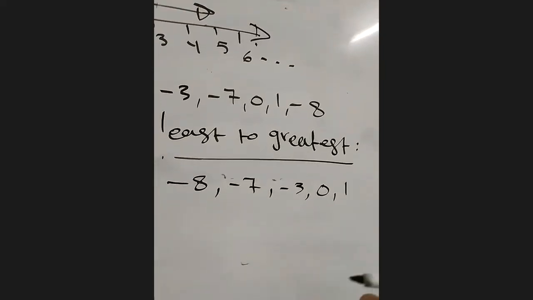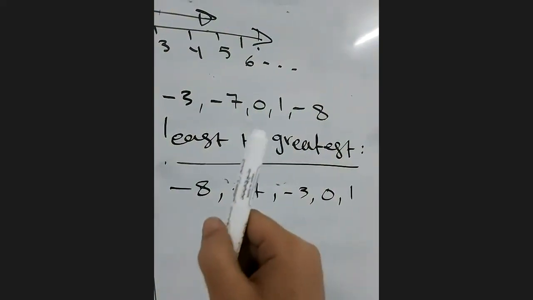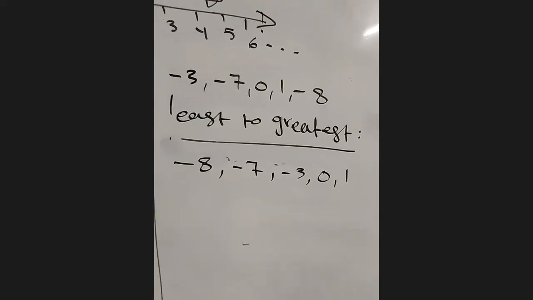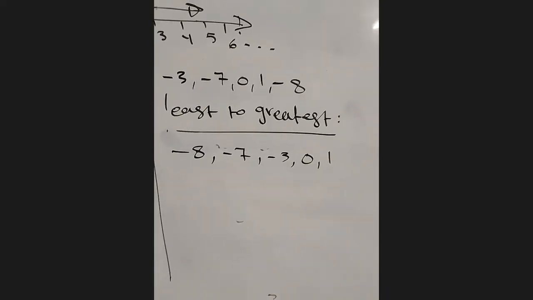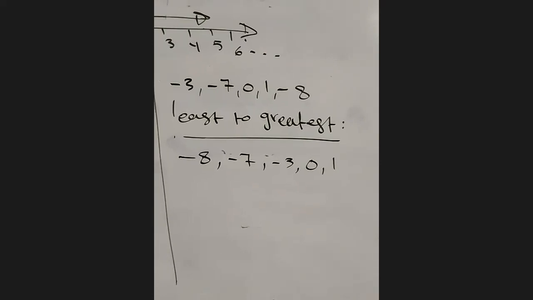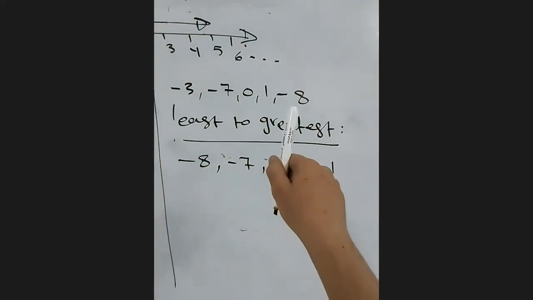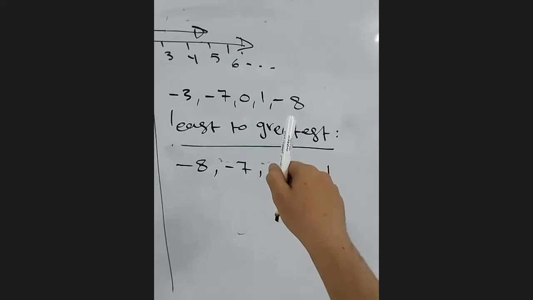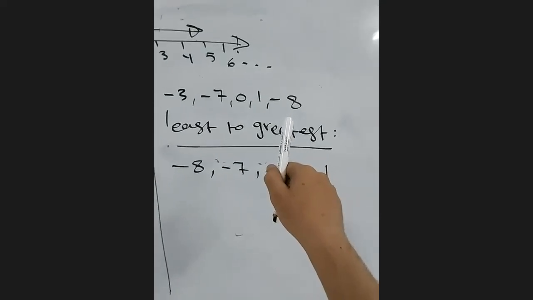There is 0, and 0 is not the least number. There is no 8 and no 3 here. Negative 8. What's this? Is this 8? No, negative 8. Why don't you say negative 8?